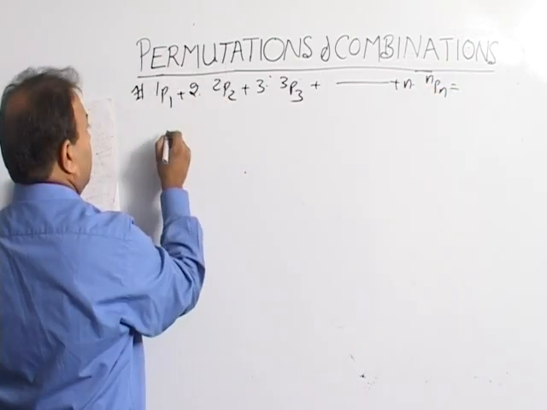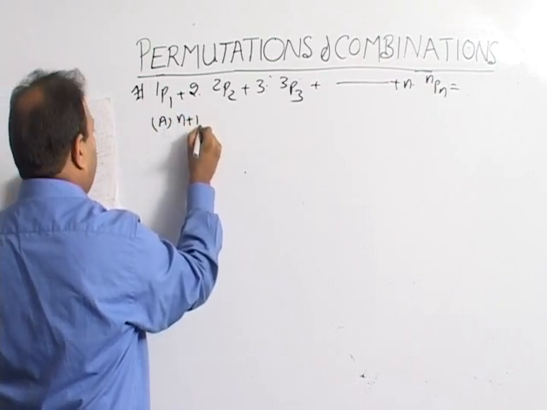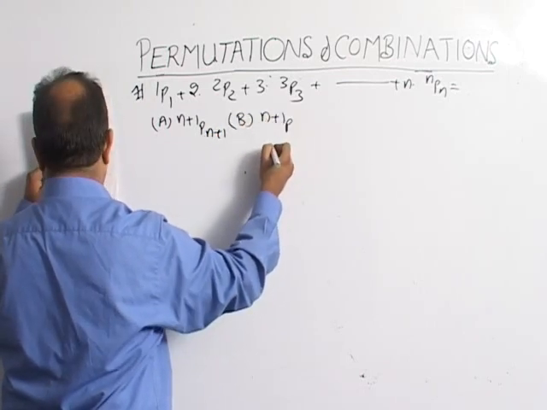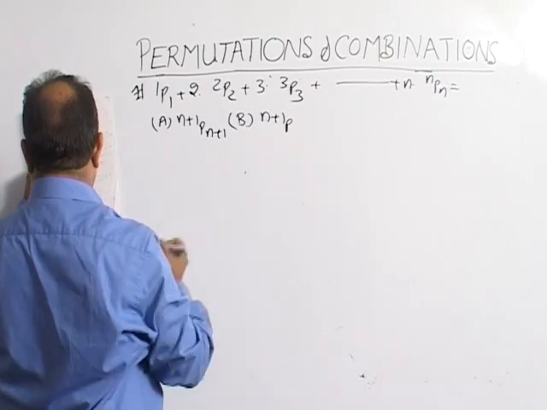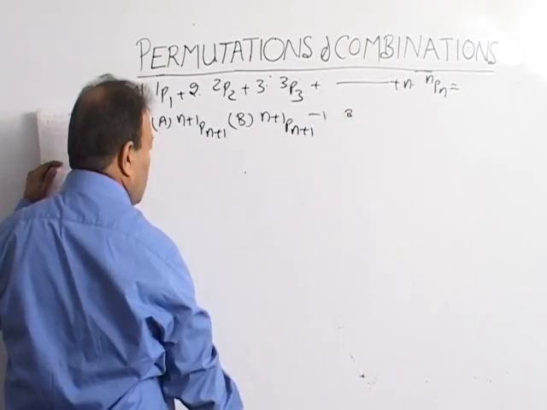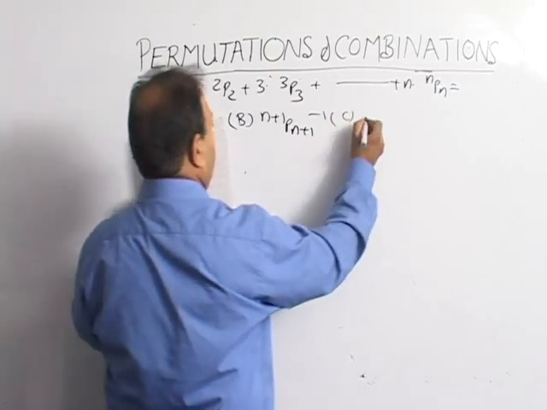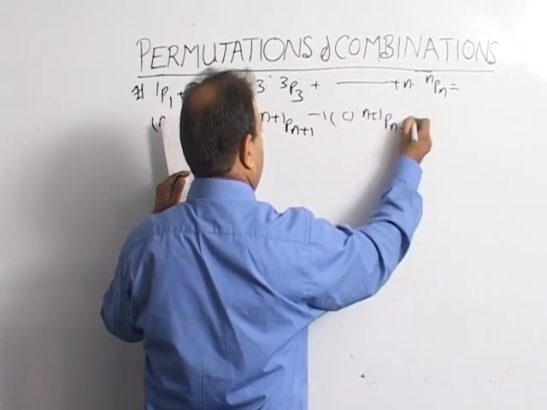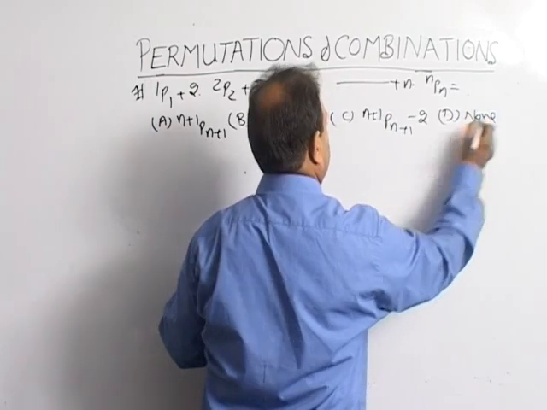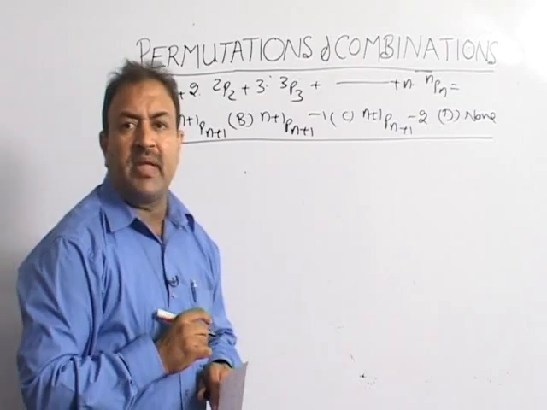Option A is (n+1)P(n+1). Option B is (n+1)P(n+1-1). Option C is (n+1)P(n+1-2). And option D is none of these.